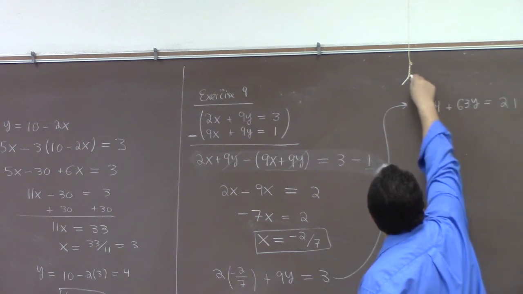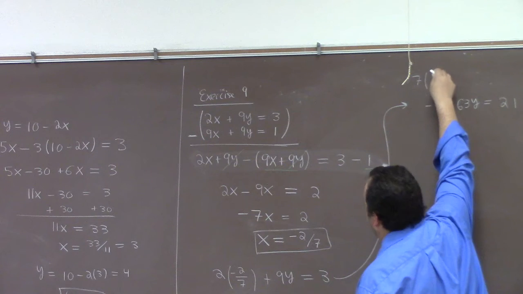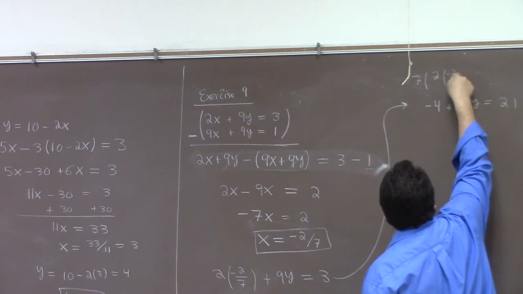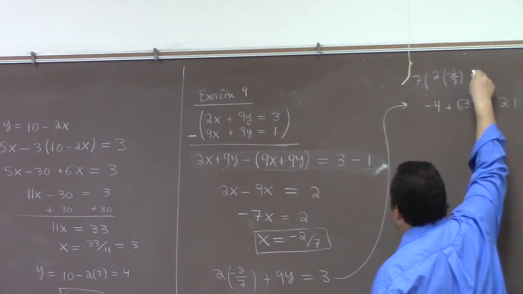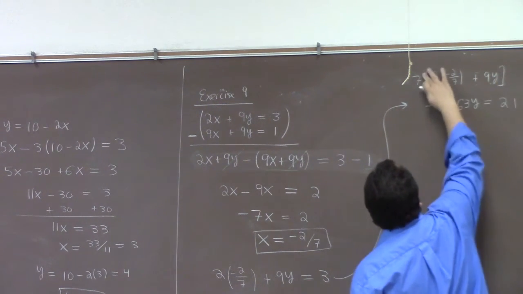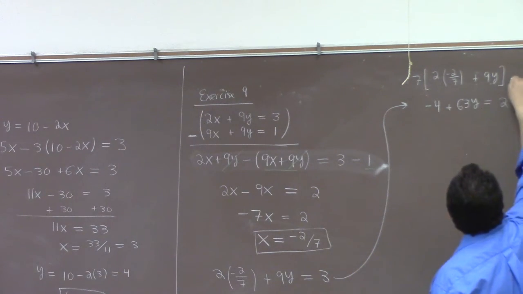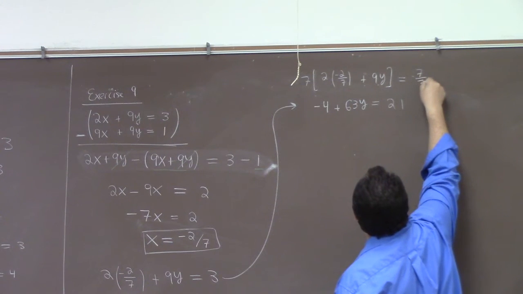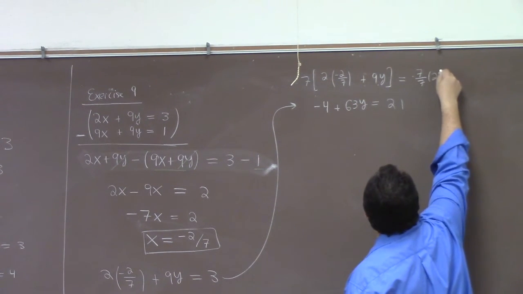I know you're minus 2/7. I'm writing it up here. So the 7/7 cancels, and then we have 2 times minus 2.